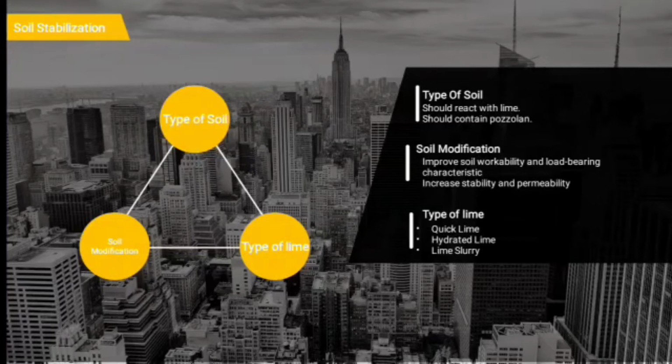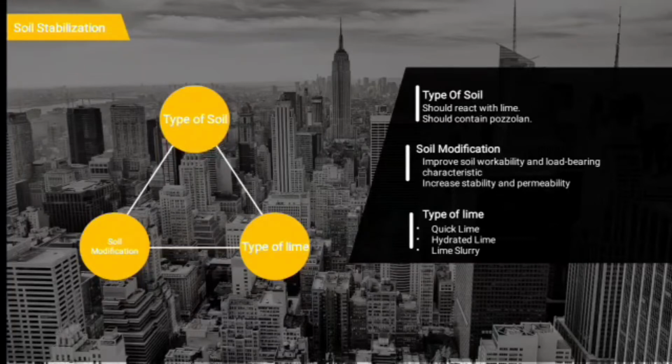To react with lime, the soil should contain pozzolan in a good amount. When lime is added to pozzolanic soil in the presence of water, calcium hydroxide from lime reacts with siliceous and aluminous materials of soil and forms a mix with cementitious properties. This reaction is called the pozzolanic reaction.